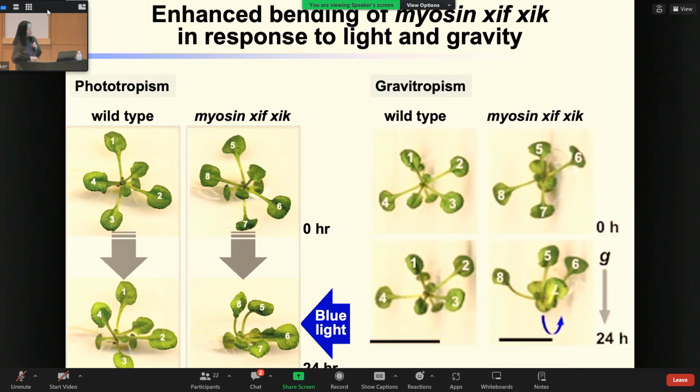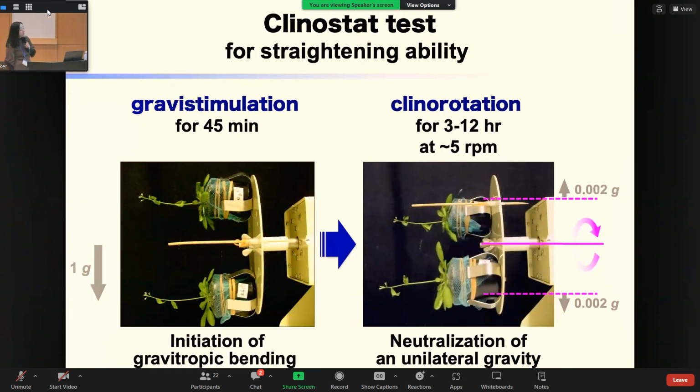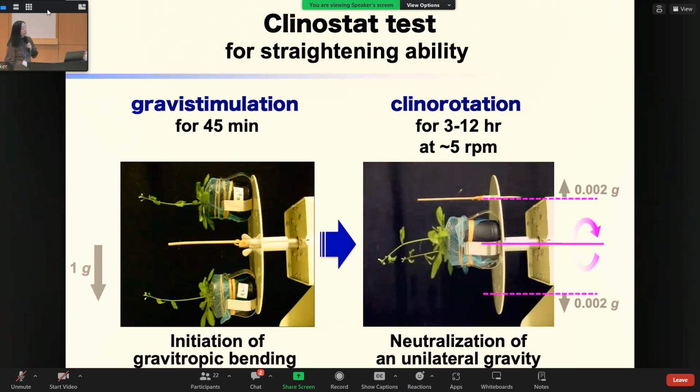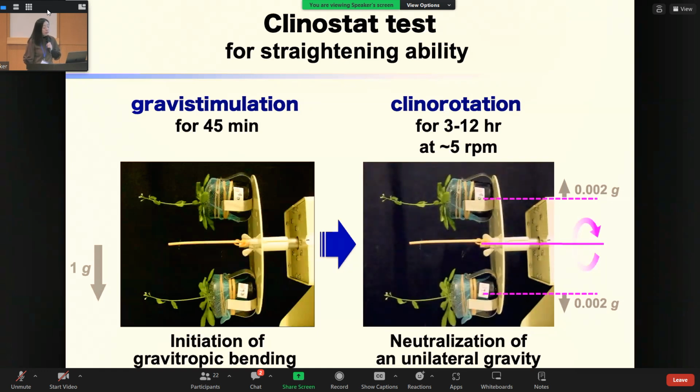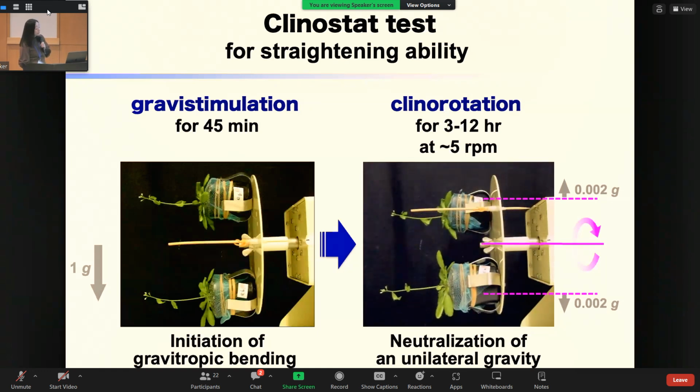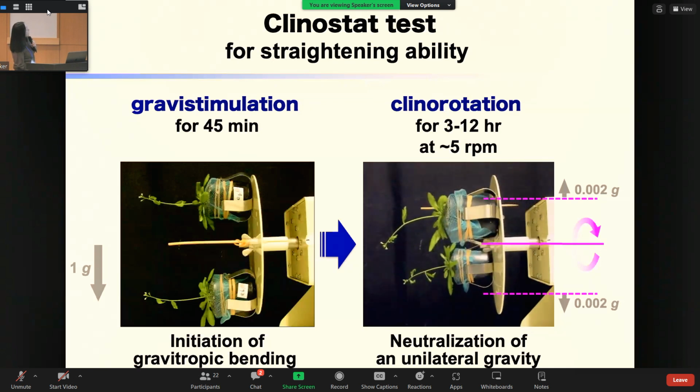A similar enhanced bending phenotype was also observed in response to gravity and in other elongating organs, including stems, hypocotyls, and roots. We suspect these mutants have lost their ability to straighten their organs. Hence, we explored the ability of these mutants to straighten their stem when subjected to unilateral gravity stimulation.